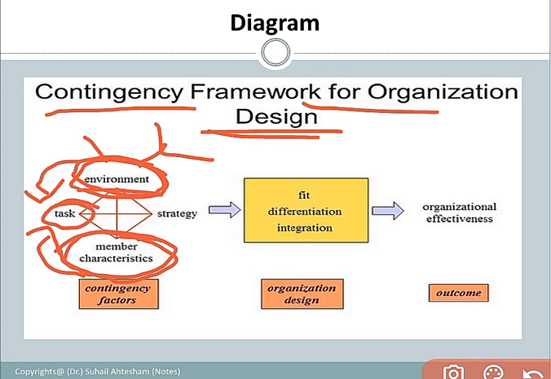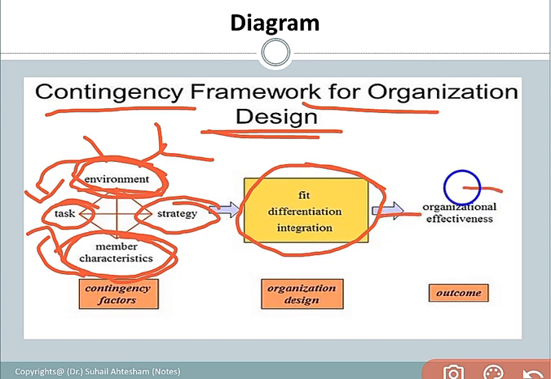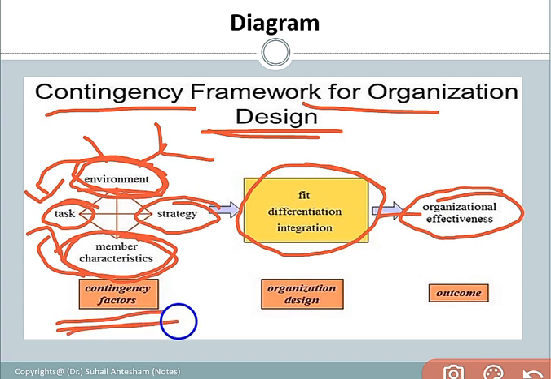So with the help of this and by applying different types of strategies in the organization, we have to integrate, we have to combine together all these factors for achievement of organizational effectiveness and output.